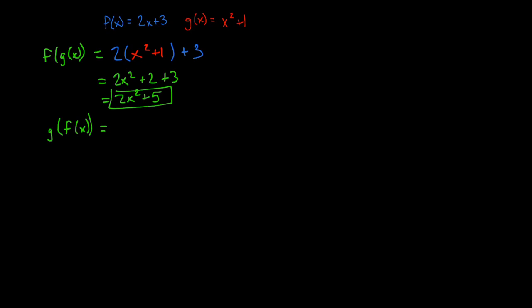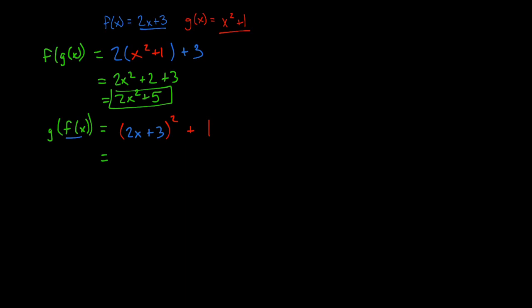So we're going to start out with g of x. So we have x squared, so something squared. We're going to plug something in for that, and what we're plugging in is f of x. So 2x plus 3 goes in for x. So we have 2x plus 3 squared plus 1, and we would go on to multiply that out.